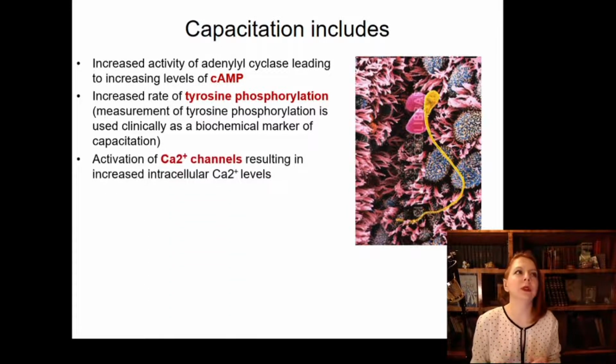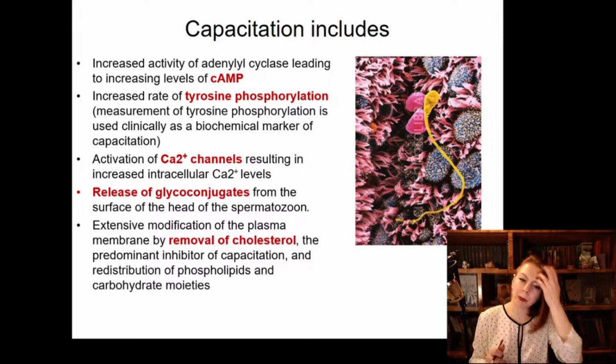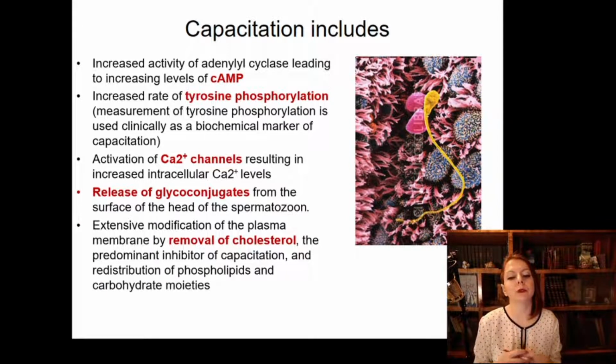Then also increased calcium concentration takes place in the spermatozoa tail, and as I told you before, glycoproteins and different molecules are removed from the head, and also the cholesterol is removed, making the membrane softer and prepared for the acrosomal reaction. So capacitation is a complicated process, but it is very important, and it lasts nearly 5 to 7 hours in the fallopian tube.